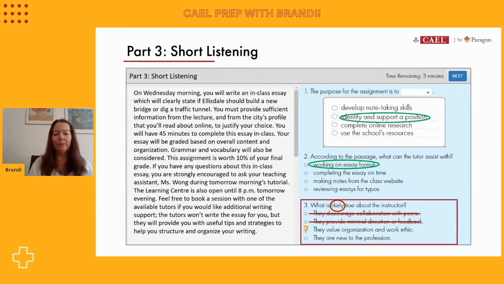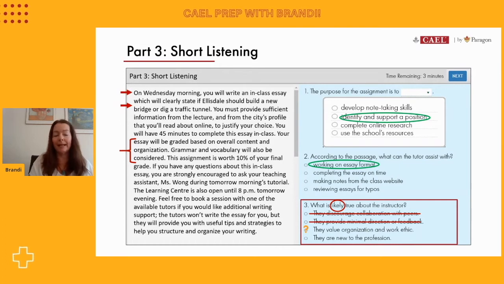So it says they value organization and work ethic. So we've just finished talking about all of the details and the direction that this teacher is giving to the students based on how that essay is going to be graded and what it's worth and so on. He also clearly establishes what the topic of that paper is going to be so that they can complete their research.